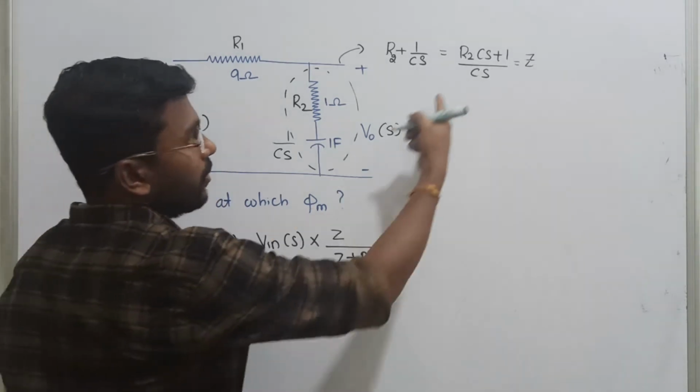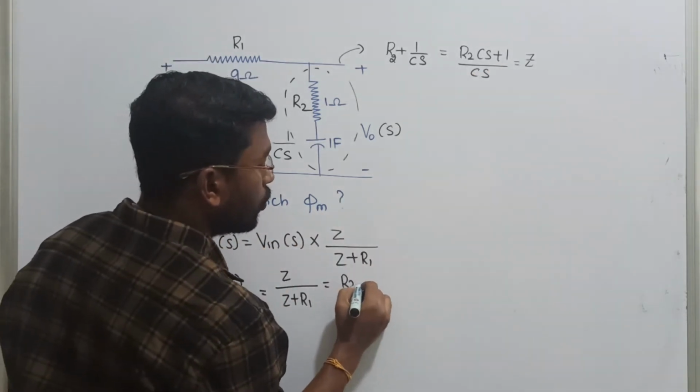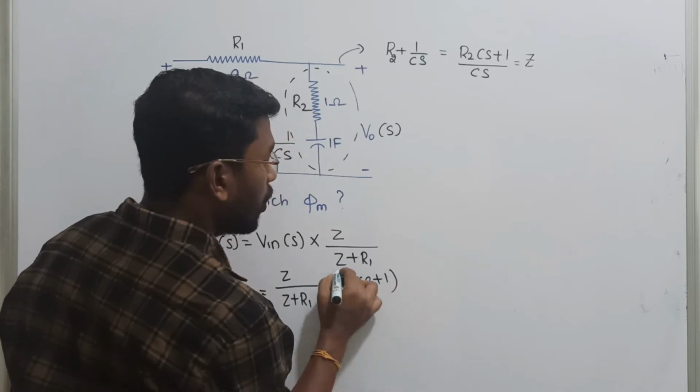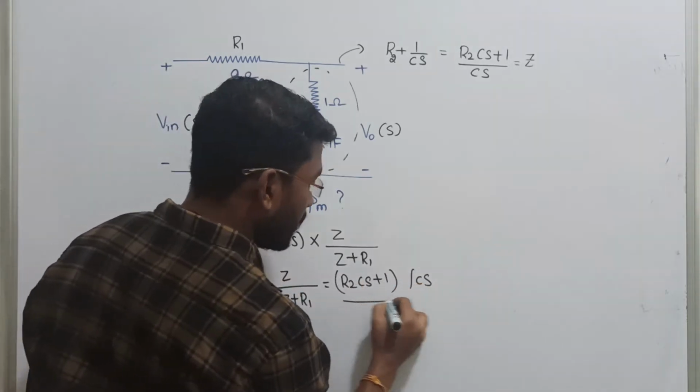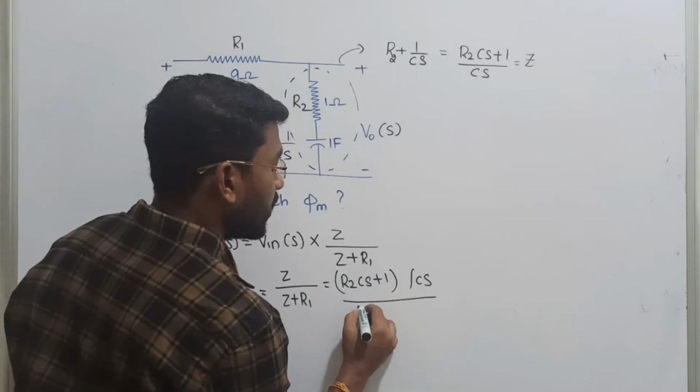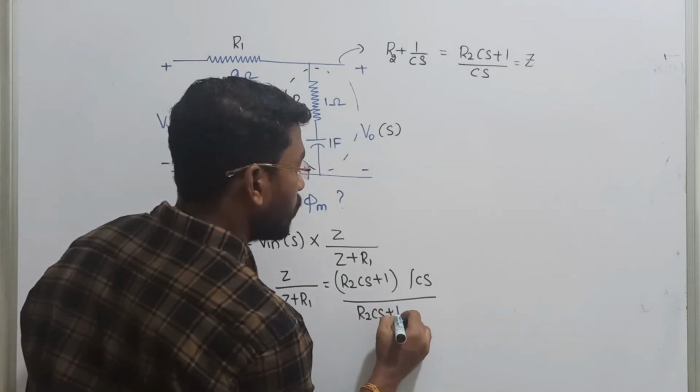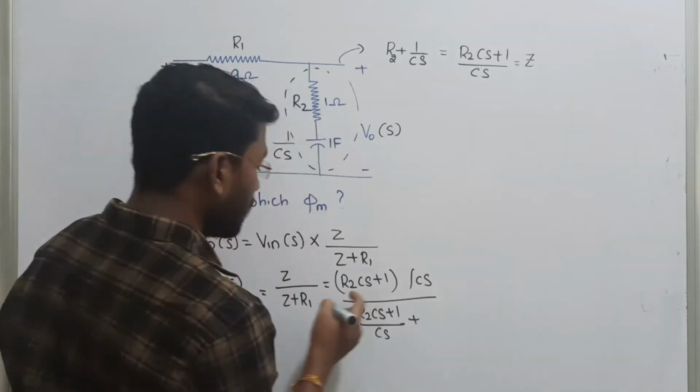Let us proceed further. The value of Z is replaced by R2 Cs plus 1 whole divided by Cs. In the denominator, Z can once again be replaced by R2 Cs plus 1 whole divided by Cs, plus the value of R1.